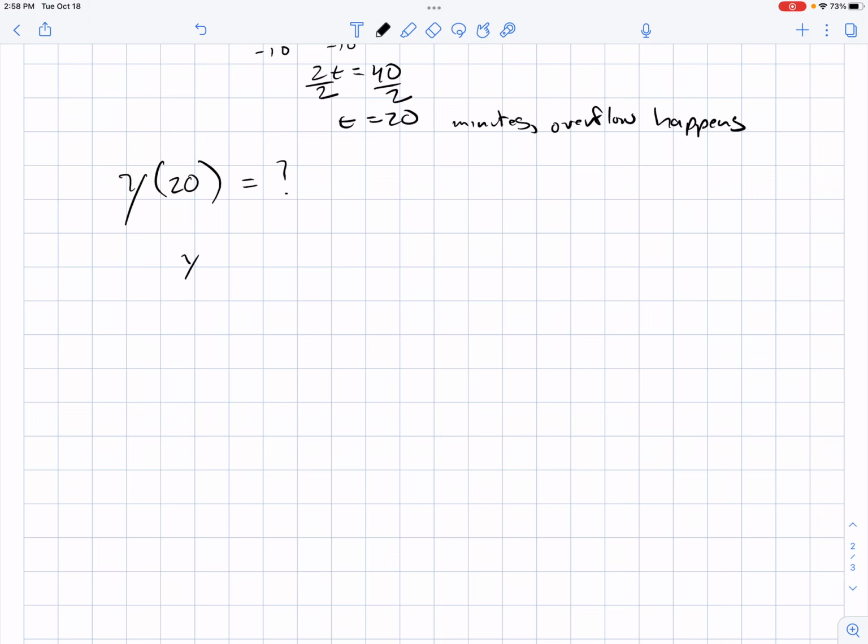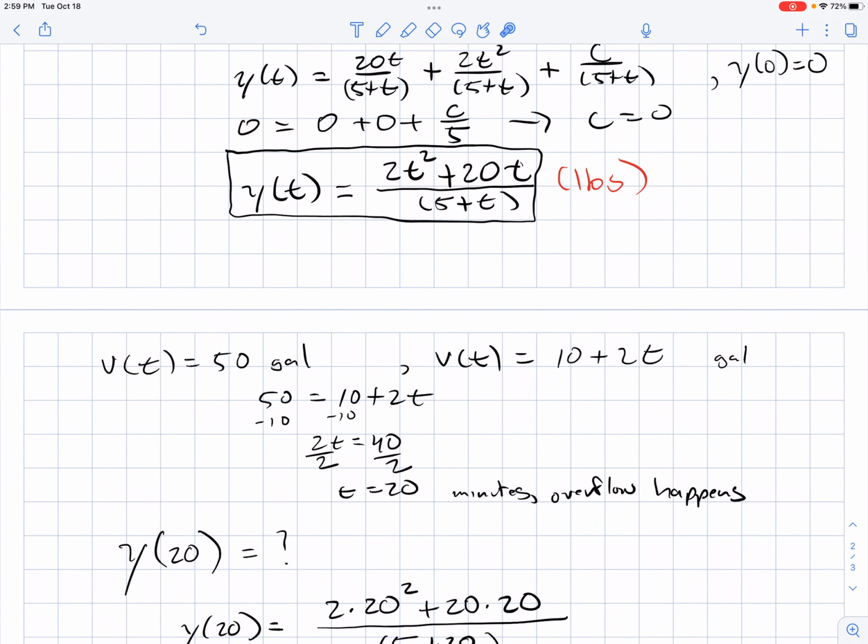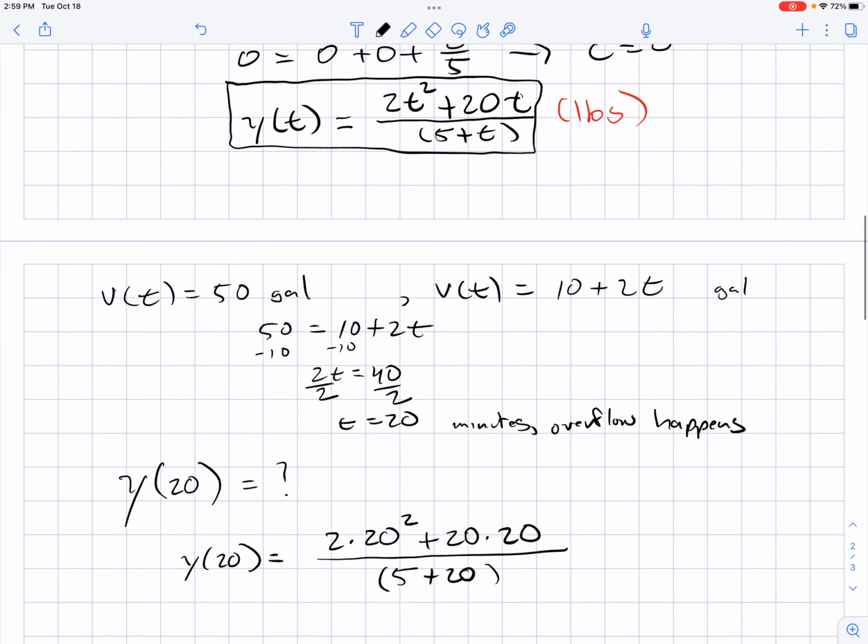So doing that, we can now just plug in our t. So 2 times 20 squared plus 20 times 20 all over 5 plus 20. And again, just to remind you, because I'm plugging 20 into this equation right here.